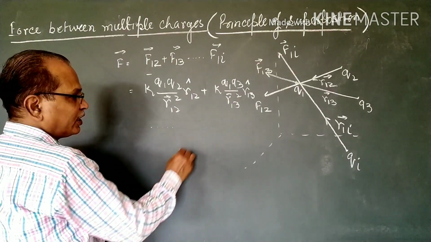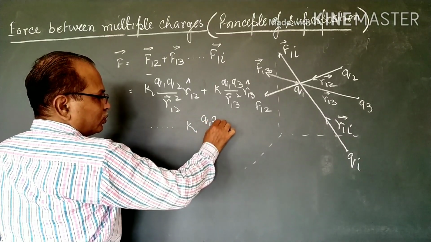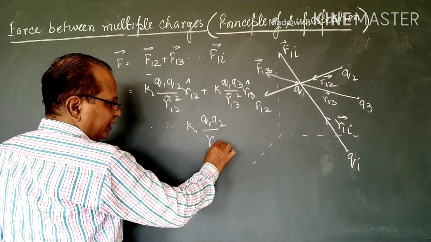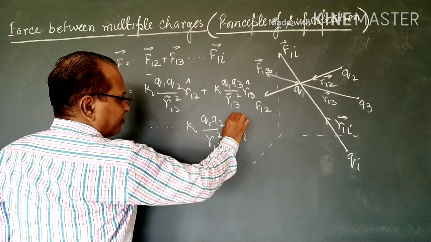And for the ith charge, K Q1 Qi upon R1i square, R1i cap.